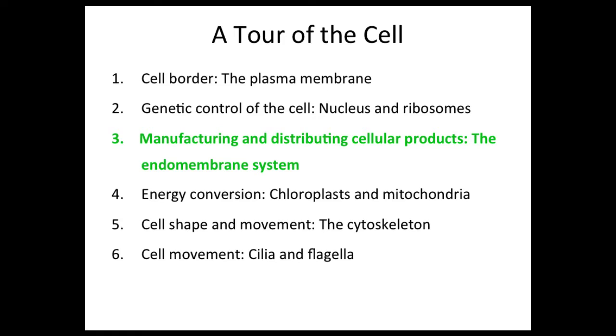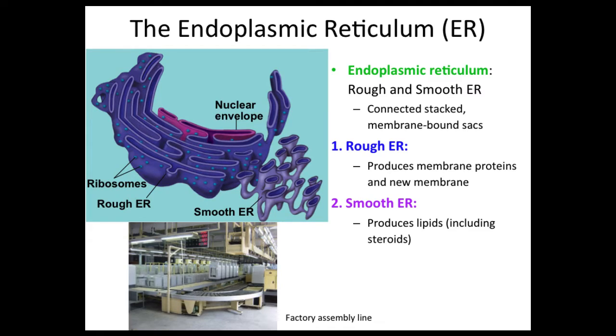The endomembrane system, endo means within, so this is a series of membranes that are found inside of our cell. The first component of the endomembrane system is the endoplasmic reticulum. And previously I defined this as uppercase E, uppercase R. That's your shorthand you can use when you refer to this region.